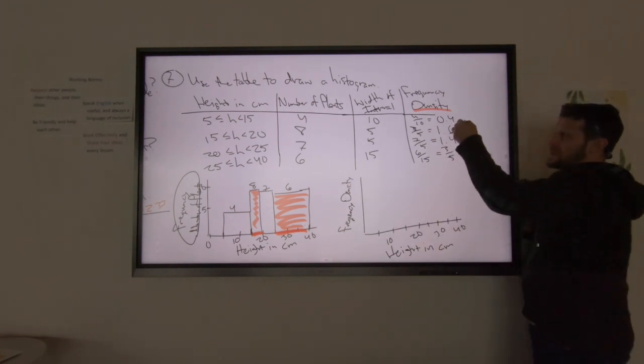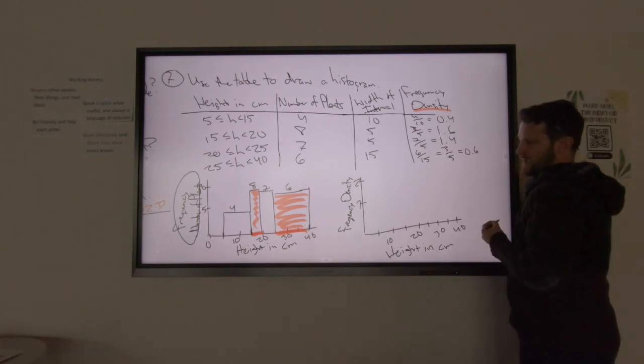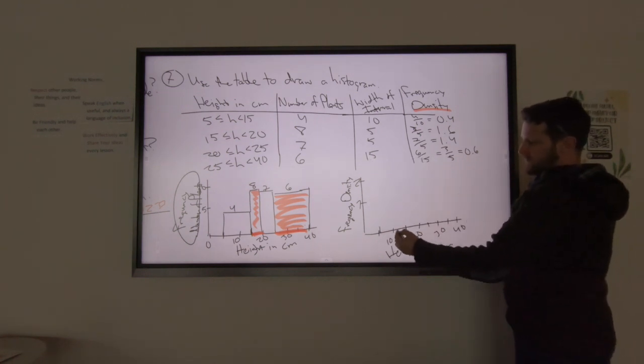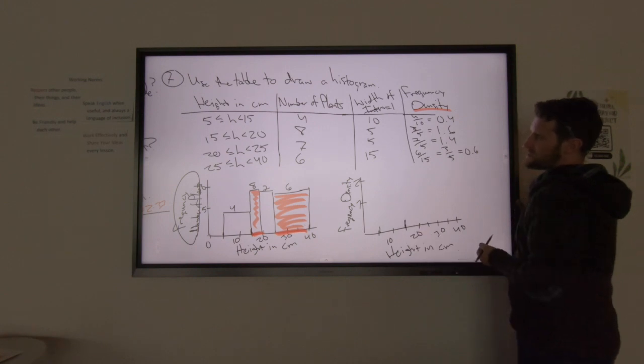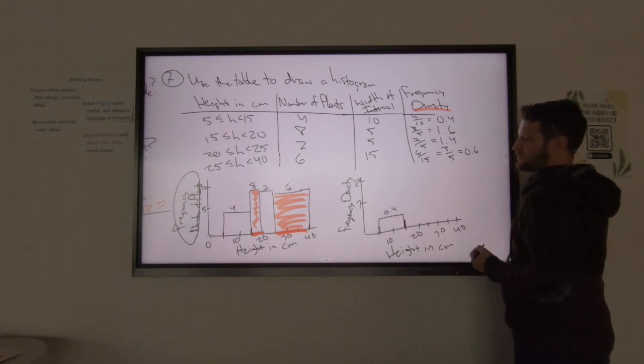My highest frequency density is 1.6, so I'm just going to go up to 2. There's 1, and I'll do the same thing I did there. From 5 to 15 is our first class interval, and that class interval is 0.4, so it's like 0.4.